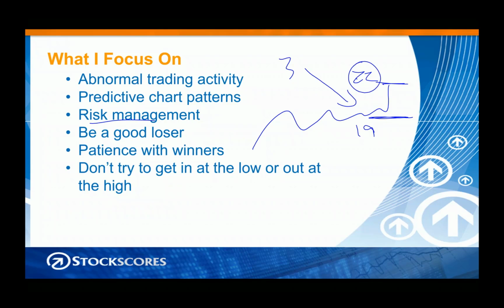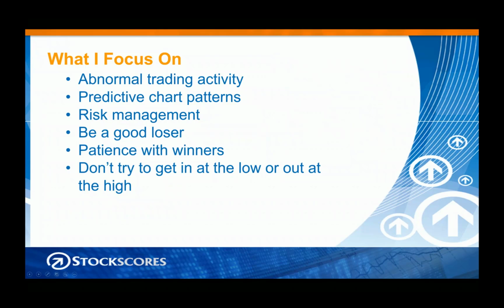I'm buying at 22. I'm going to plan to lose at 19. That means I'm risking $3 a share. If I'm willing to lose $300 on any one trade, then I'm going to buy 100 shares. Okay, I'll let that sink in for a second.